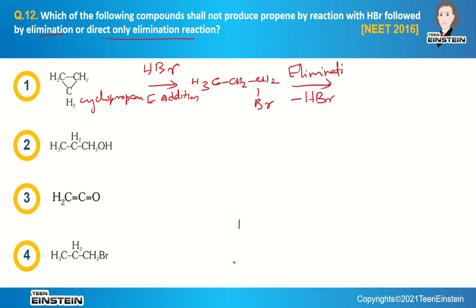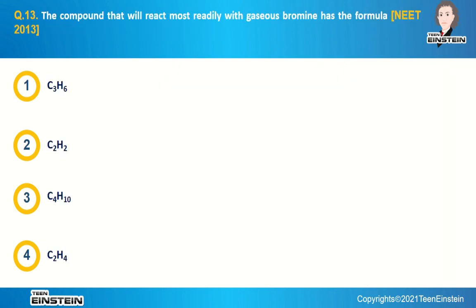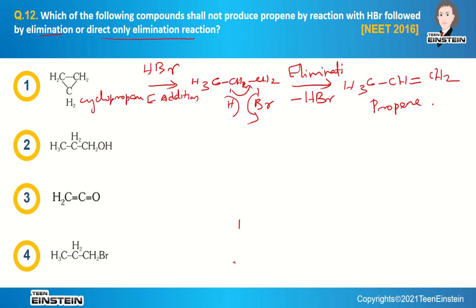This hydrogen is removed and the bond forms here. So the final product is CH3CH double bond CH2, that is propene. So cyclopropane produces propene as a product.